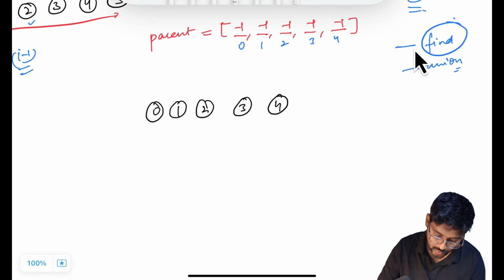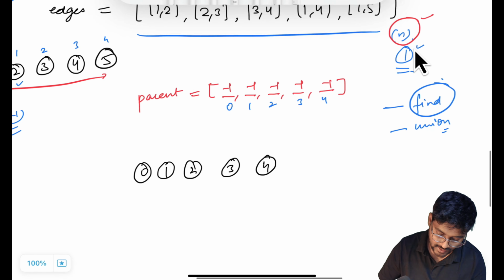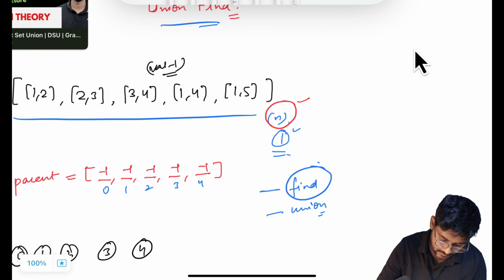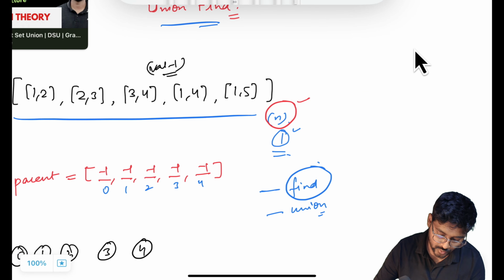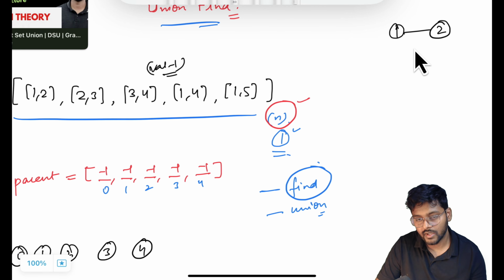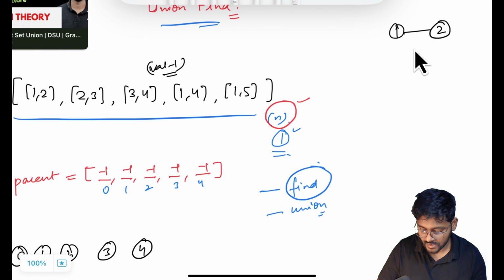Initially both are independent, and then we want to make them connected. To make it connected, first of all, let's try to add edges slowly. One edge is going to be from 1 to 2. It means that 1 and 2, initially two disjoint sets, now we have to make a union of these two sets.